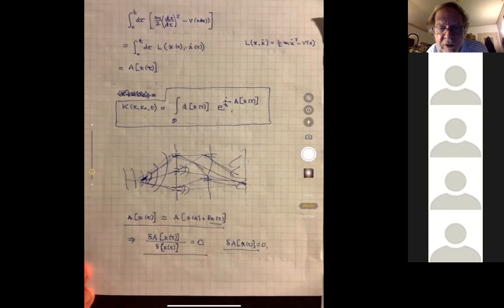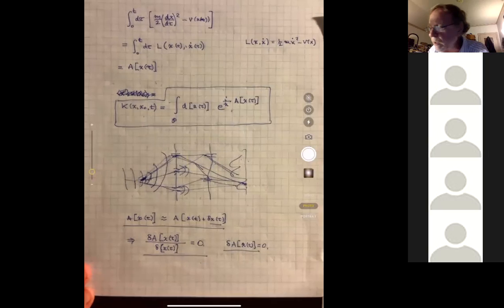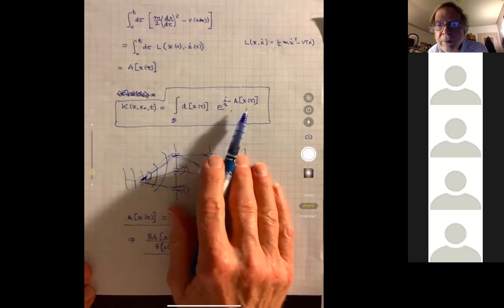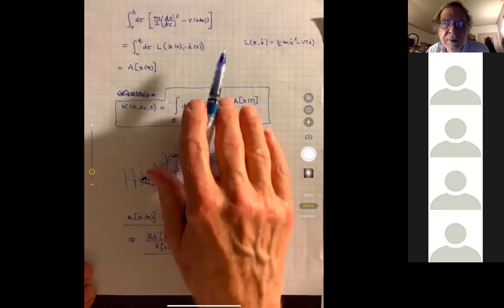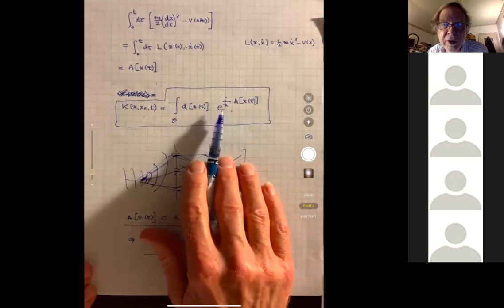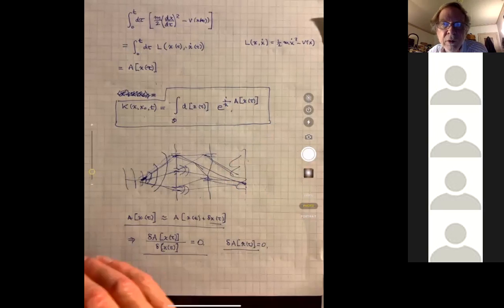And so it's the constructive interference amongst those neighboring paths which gives rise to the privileged nature of the classical paths.